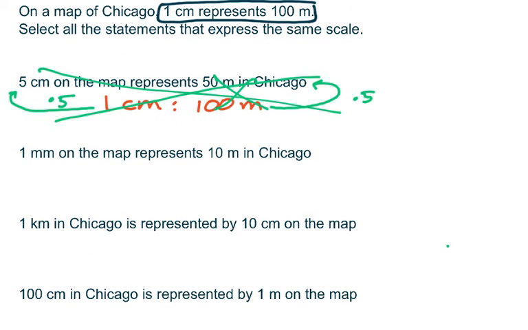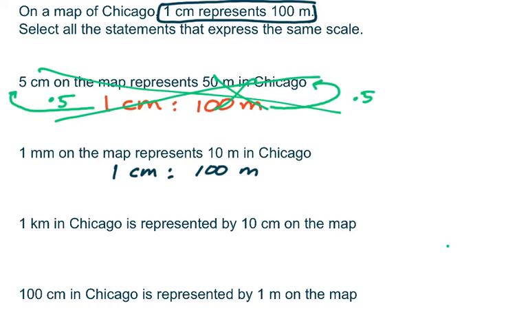This says 1 millimeter on the map represents 10 meters in Chicago. So for this one, I went back to the very beginning relationship, and this says 1 centimeter represents 100 meters.